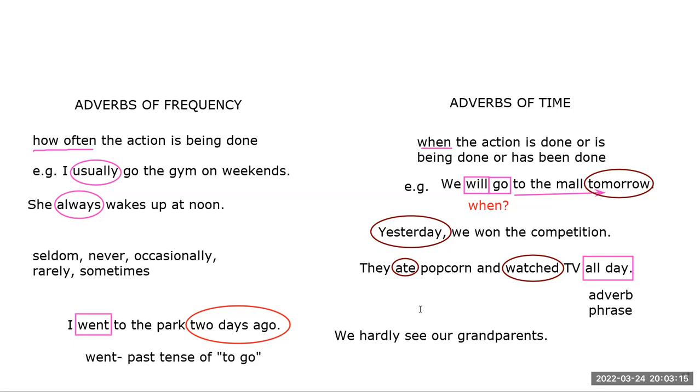So notice with our adverbs of time, we have words like tomorrow, yesterday, all day, we could have today, right? But adverbs of frequency will answer that how often. So it's a little bit easy to get these two mixed up. They're usually confused a lot, but I think with some more practice, you'll be pretty good to go.